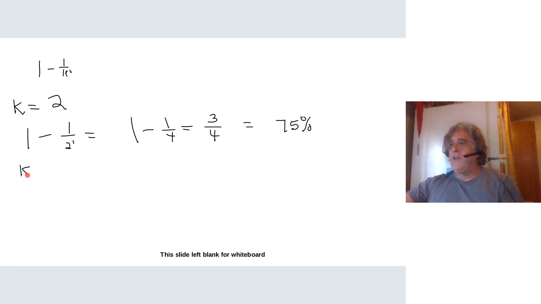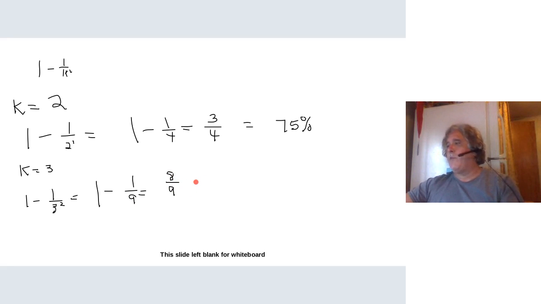So if k is equal to 3, it's 1 over 3 squared, which is 1/9. So that's 8/9. 1 from 9 is 8.